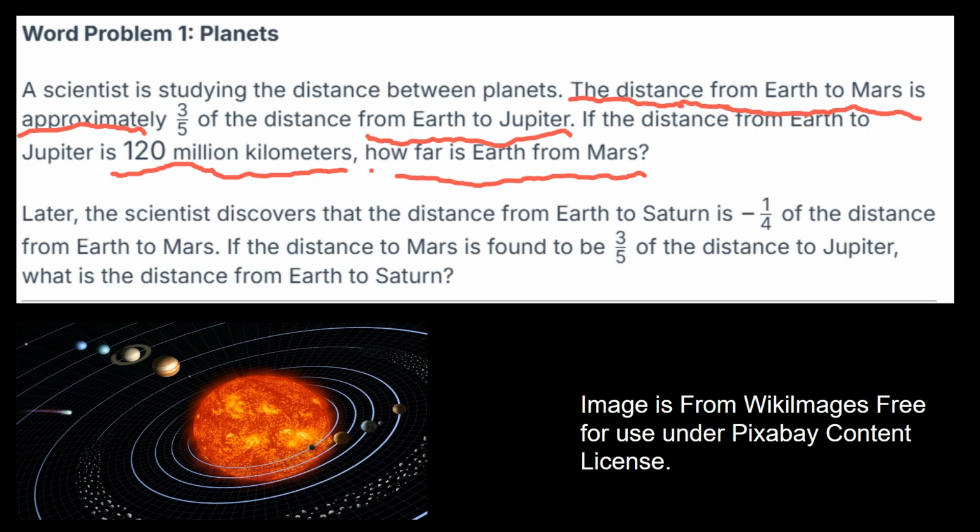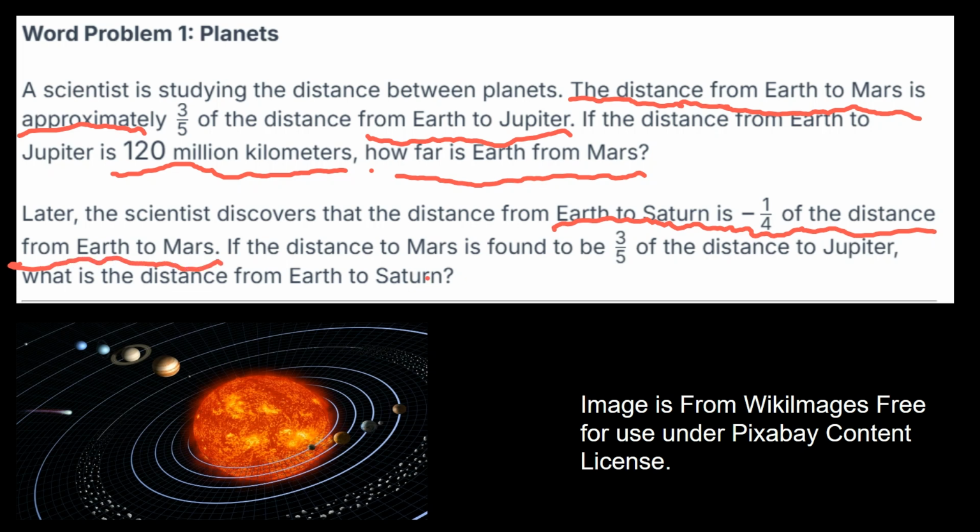And then the second question is, later the scientist discovers that the distance from Earth to Saturn is negative one-fourth of the distance from Earth to Mars.